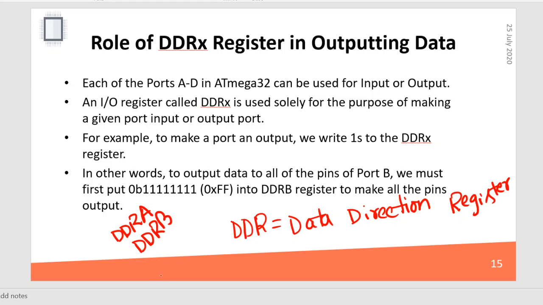Now, using this register, we will declare a port as input or output, but how can we do that? There is a particular convention, or a particular set of code that we must write beside DDR-A or DDR-B to declare a port as input or output. So what is this? For example, I'm drawing it here.